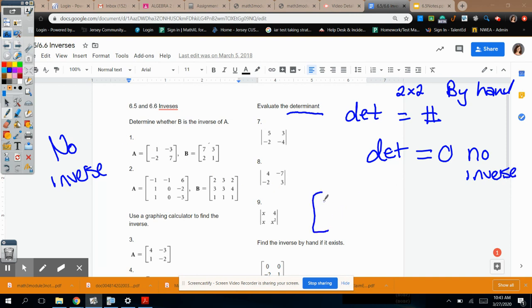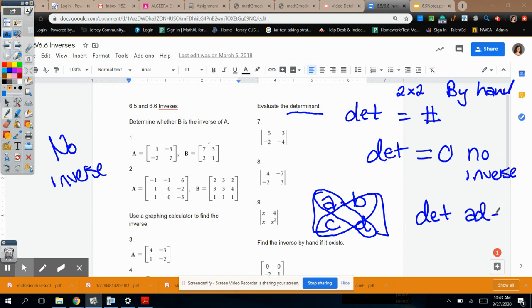And if your matrix goes like this, A, B, C, D, the determinant is, you're just going to circle this, and you're going to circle this. And it's going to be whatever A times D is when you multiply it, and you subtract whatever B times C is. So AD minus BC. Okay? So AD minus BC.